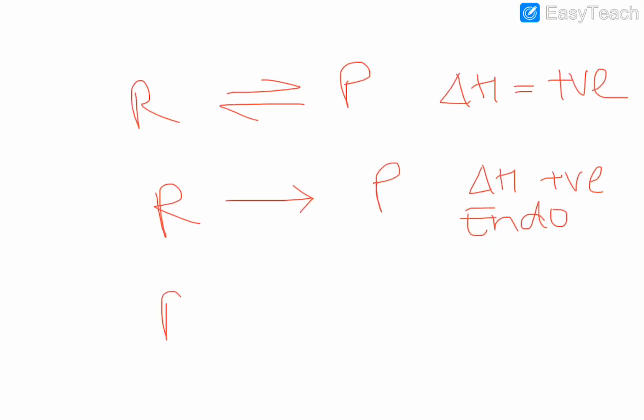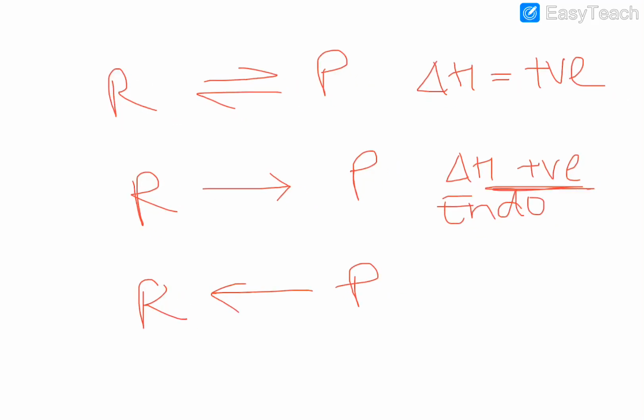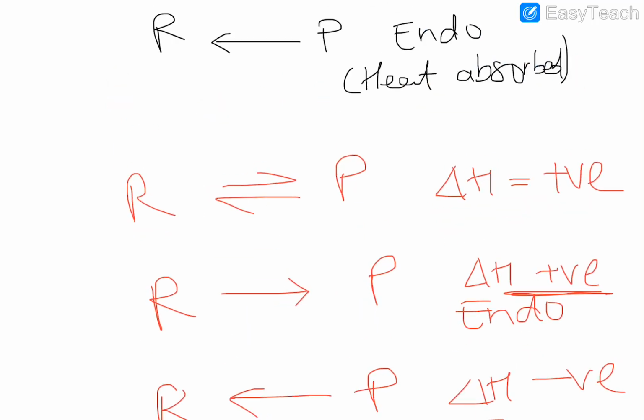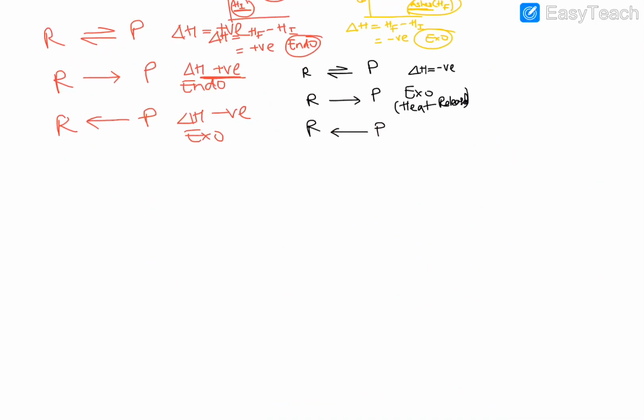If I'm going from products to reactants, the reverse reaction, it's going to be the reverse of that, so delta H will be negative, so that's going to be exo. This is how we are concerned about endothermic and exothermic in reversible reactions.